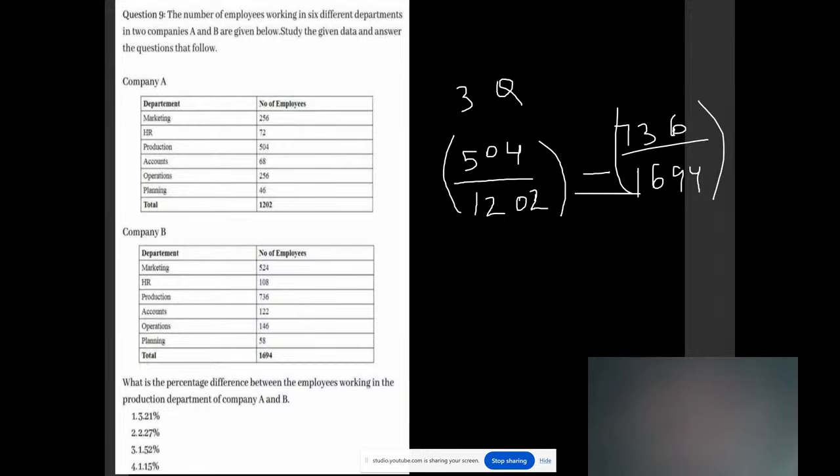Okay, it will be approximately equal to 1.52. So 1.52 is the final answer.